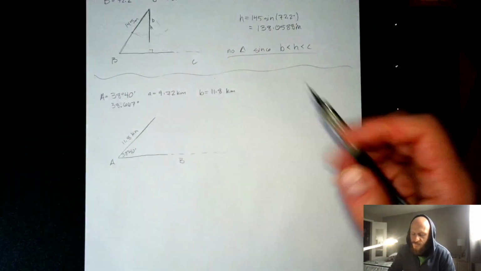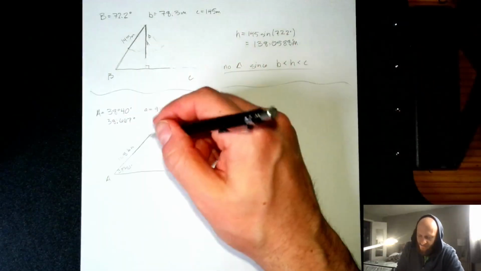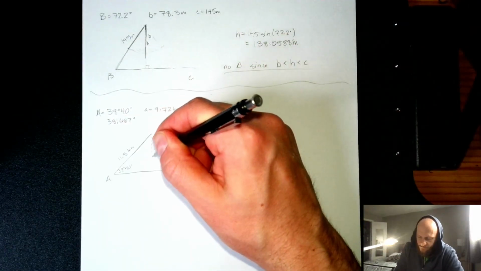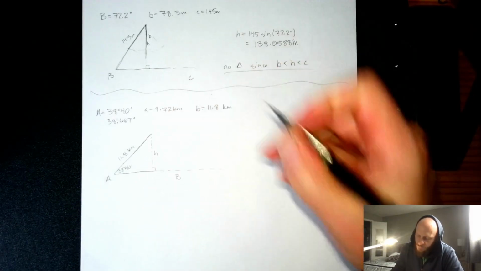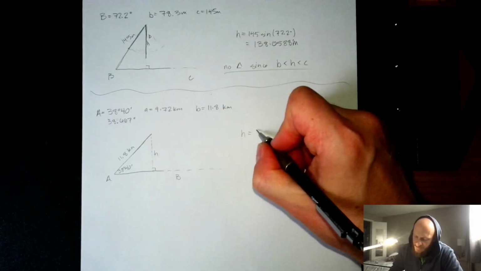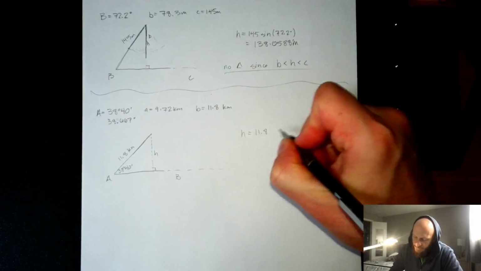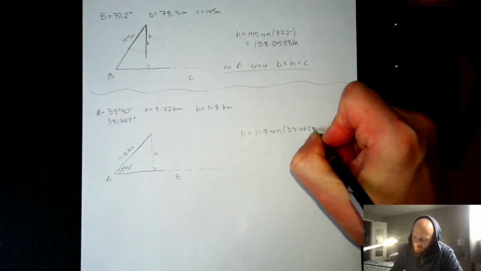Maybe it'll be a right triangle. The right triangle occurs when this side A is equal to H. H is B sine A, 11.8 times the sine of 38.667 degrees.